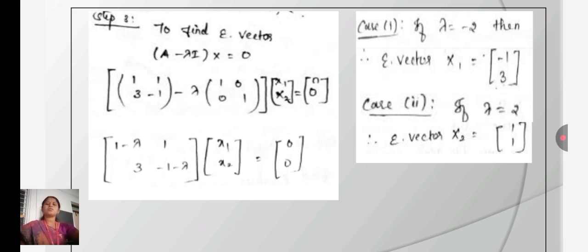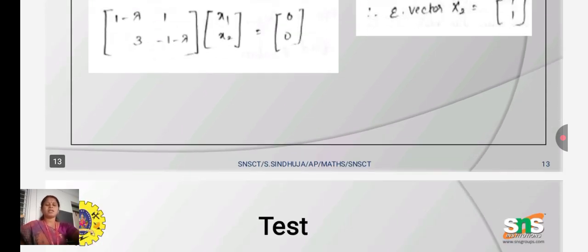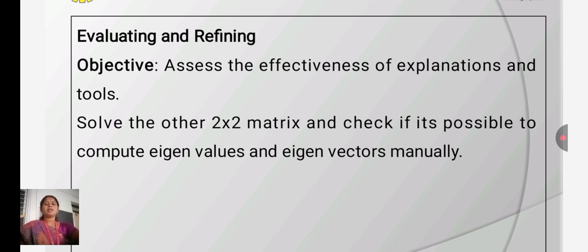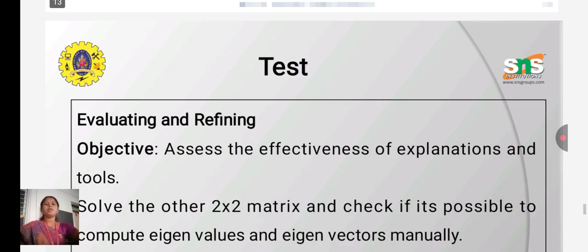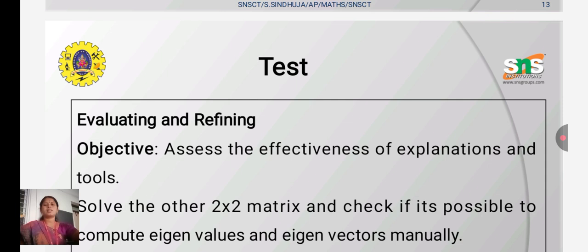Substituting the given matrix A, the identity matrix I and X as the unknown vector x1, x2, and substituting lambda as minus 2, we get the corresponding eigenvector X1 as minus 1, 3. When substituting the lambda value as 2, we get the eigenvector as 1, 1.